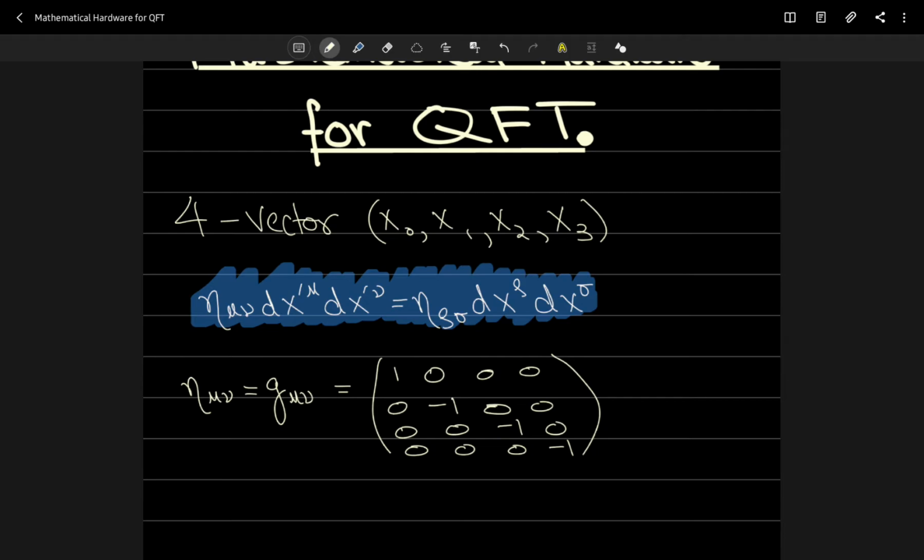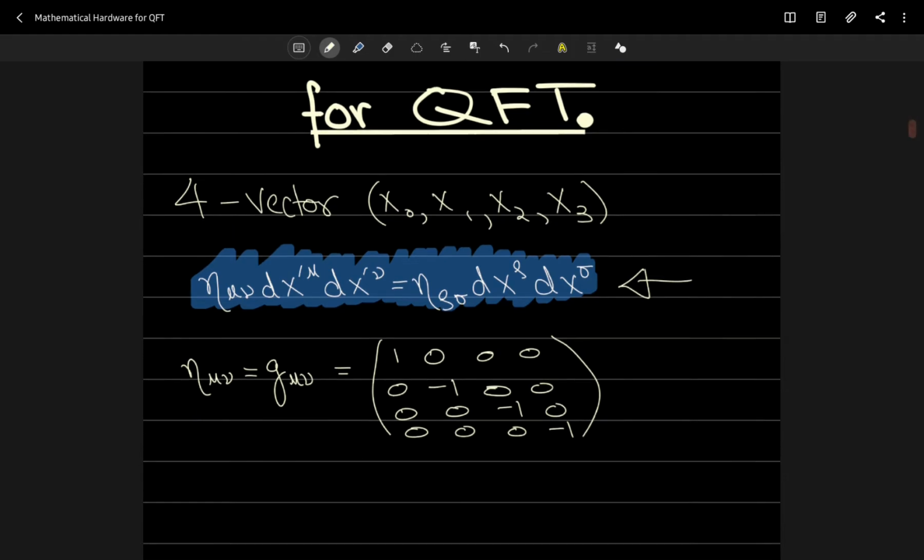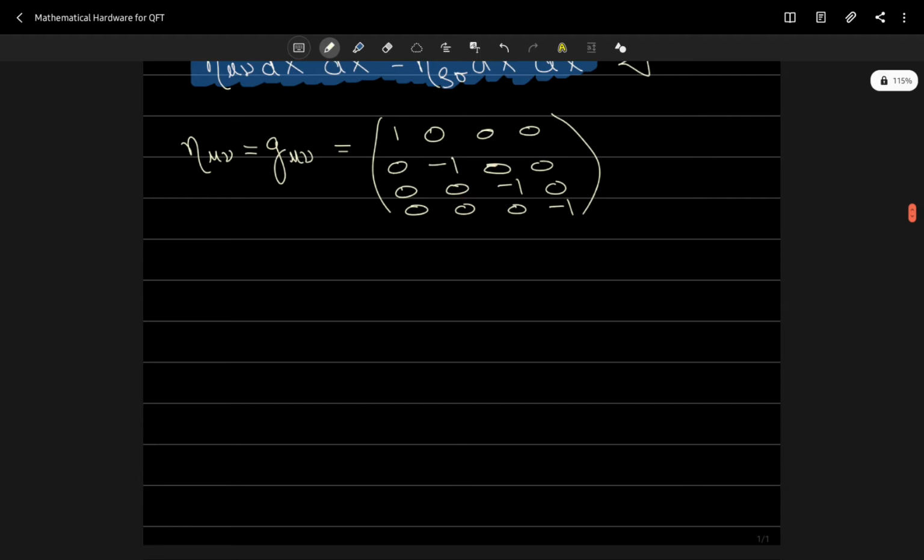Now any transformation satisfying this equation over here in blue highlight, the relationship between the coordinates of two reference frames, must be a linear transformation, and that linear transformation is denoted by a pair, lambda and a.